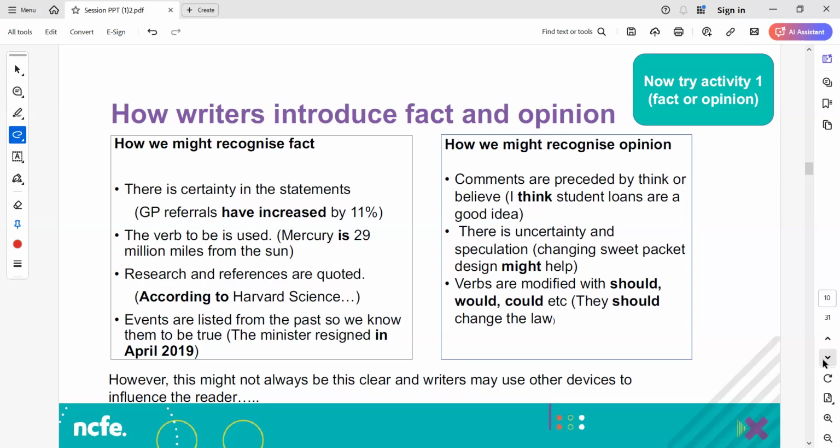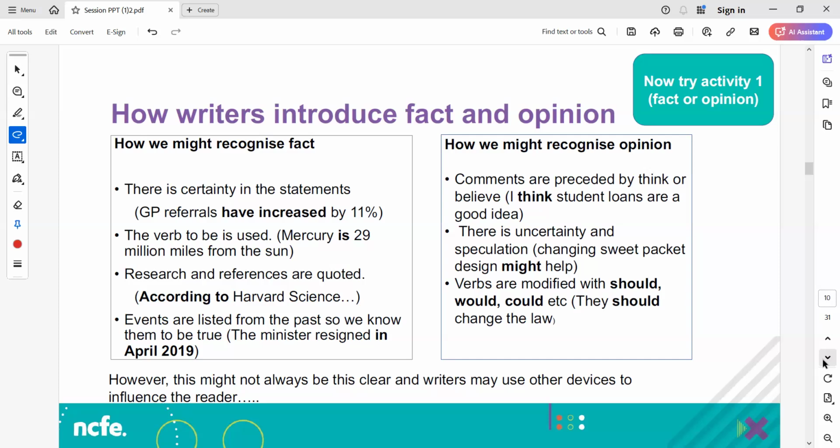Okay, so there's quotes from books or people. Events are listed from the past, so we know them to be true. So as I mentioned, dates, things like the minister resigned in April 2019. So the date something happened is given. So that's likely to be a fact.